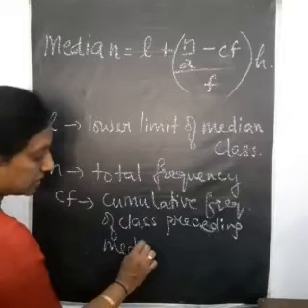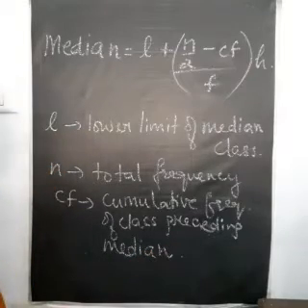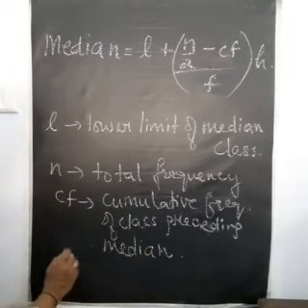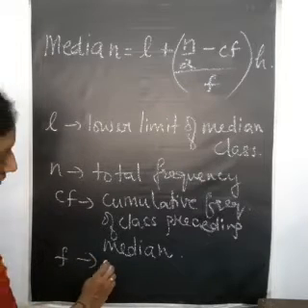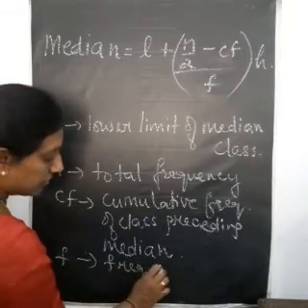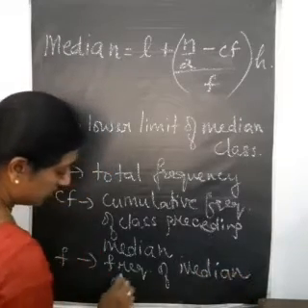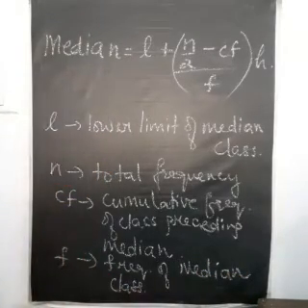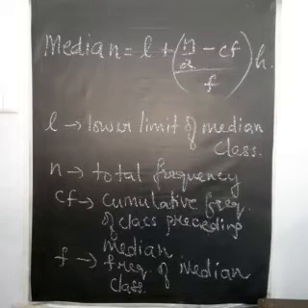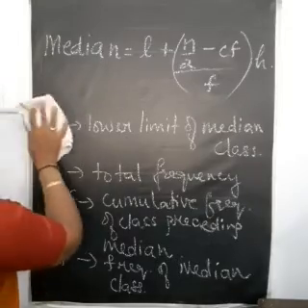So the class before the median class, we have to take its cumulative frequency. f will be the frequency of the median class, and h will be the class size. I hope you have understood this formula. Now using this formula, let us calculate the median of grouped data.